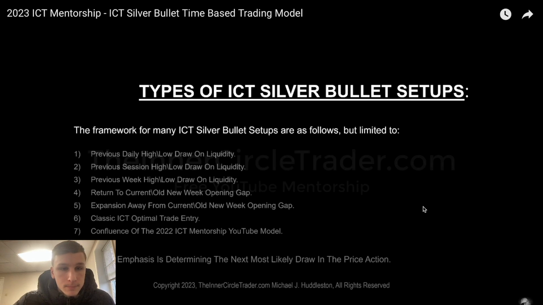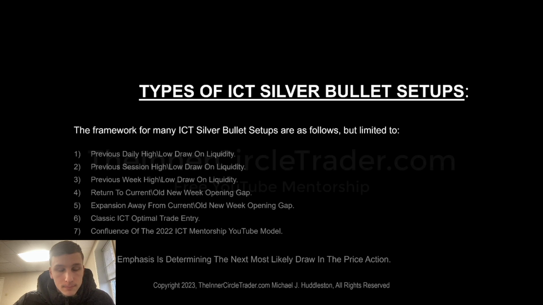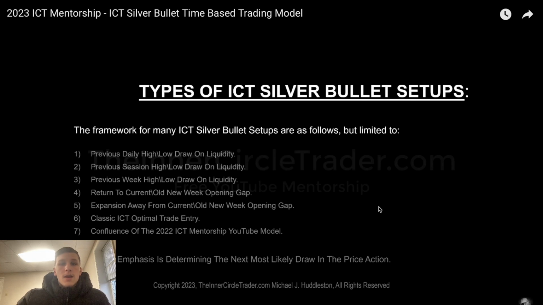Now, the framework for many ICT Silver Bullet setups is as follows, but they're not limited to: previous day high or low as a draw on liquidity. And look, he literally just said we have 7 different types of silver bullets that could be traded. The first one right here is all you will ever need.